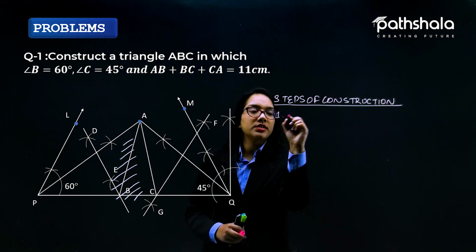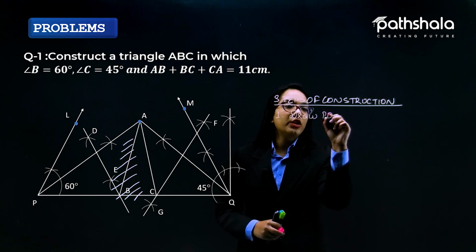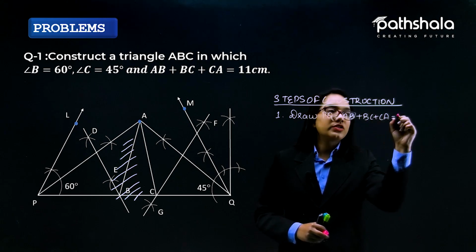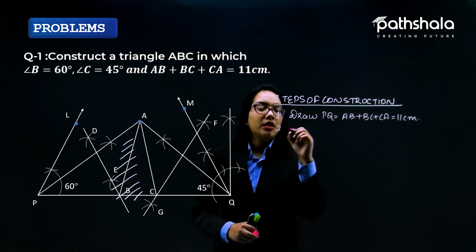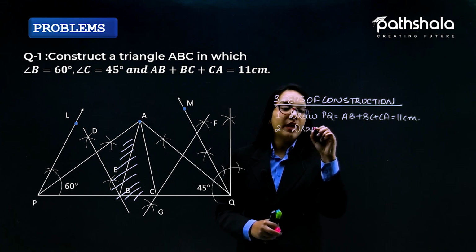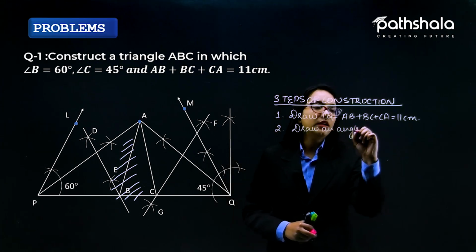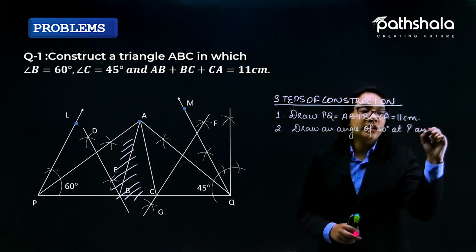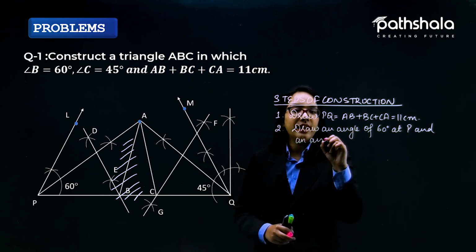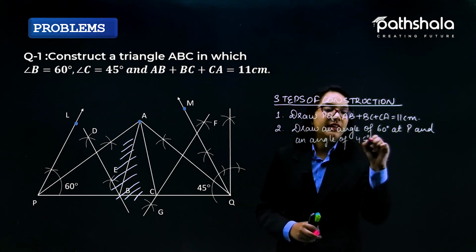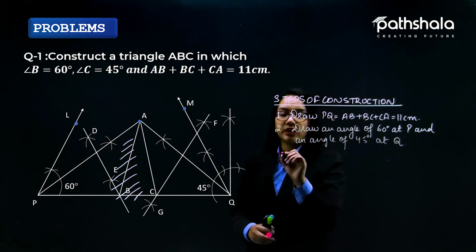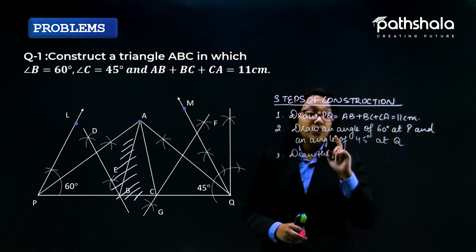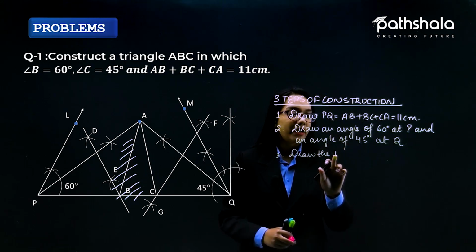Step number 1: draw PQ, which is equal to AB plus BC plus CA, which is equal to 11 centimeters. Step 2: draw an angle of 60 degrees at P and an angle of 45 degrees at Q. Third, draw the angle bisectors first, not the perpendicular bisectors.